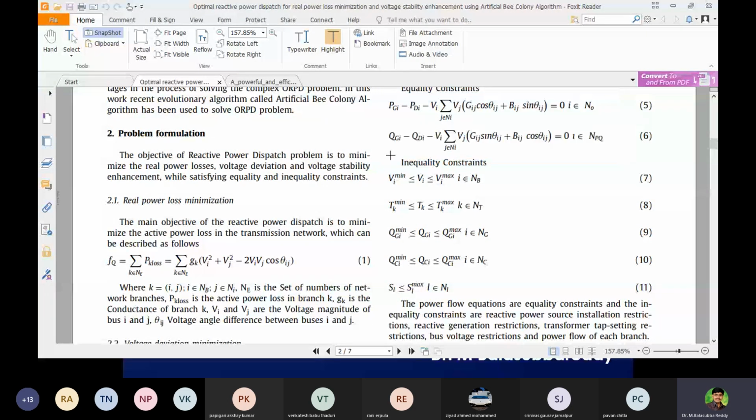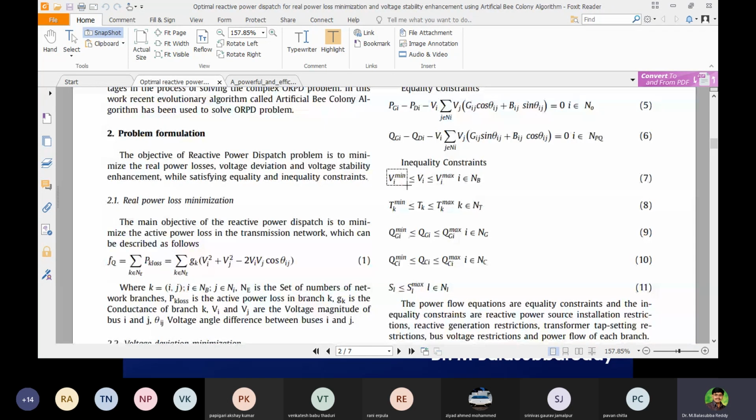Now you can see the inequality constraint. What is the meaning of an inequality constraint? Suppose there is a generator, there is a bus, load terminals are there, reactive power is there, and transmission line capacities are there. For all these parameters, a slight variation is acceptable. So what is that slight variation? You can see voltage. The voltage of any bus you can consider from minimum to maximum.